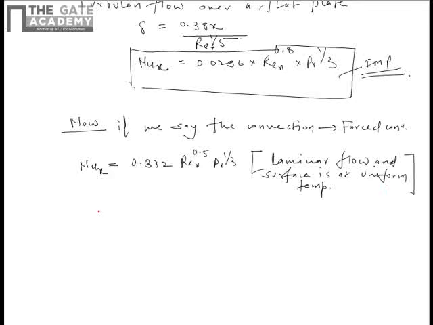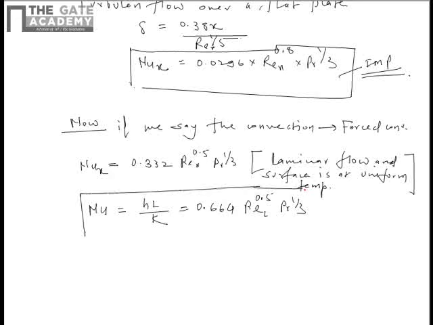And the average heat transfer coefficient, Nu L equals HL upon K, is equal to 0.664 Reynolds number over the whole plate to the power 0.5 into Prandtl to the power 1 by 3. Important. And Nu x is nothing but convective heat transfer coefficient at a distance x into x upon K.